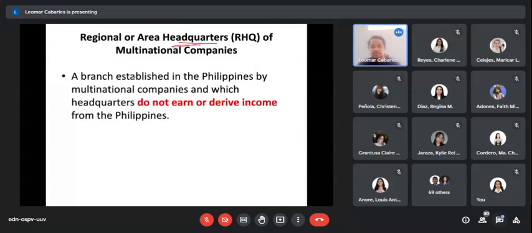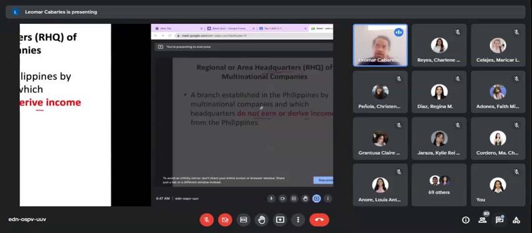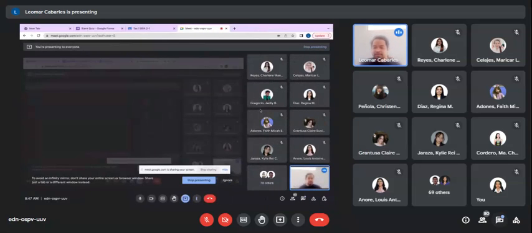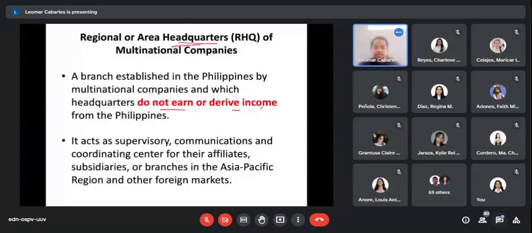It's a branch established in the Philippines at wala siyang derived na income. It's just a headquarter. Administration lang ang ginagawa. So supervisory, communication, coordination, different headquarters.